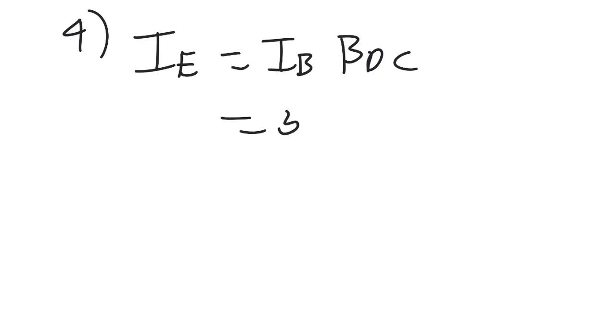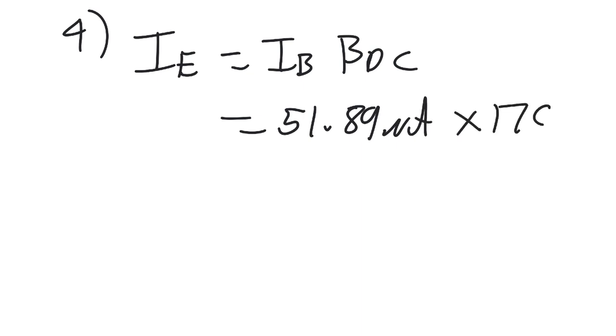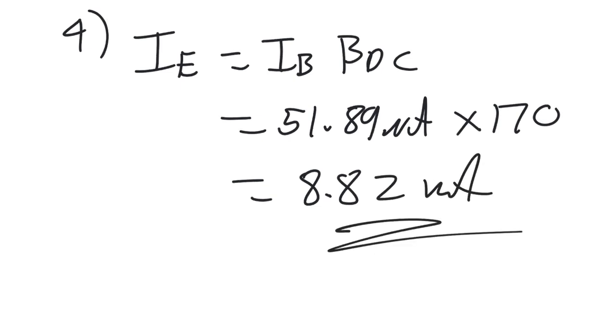Emitter current equals base current times the current gain, 8.8 milliamps.